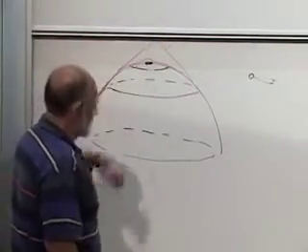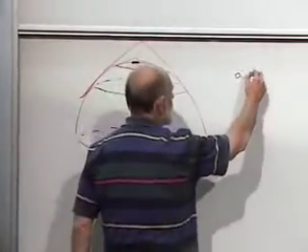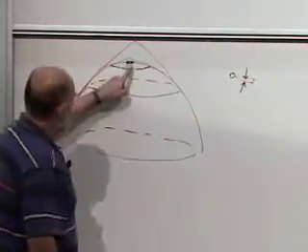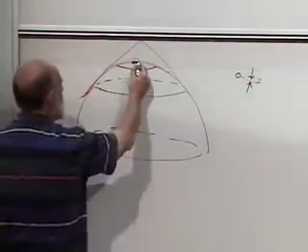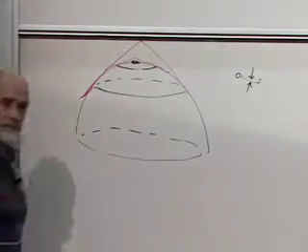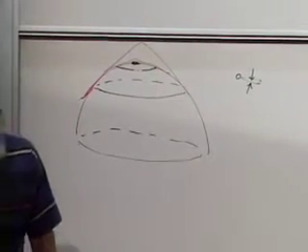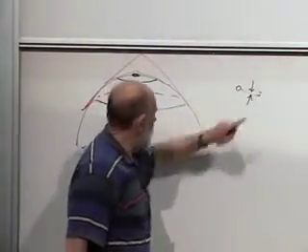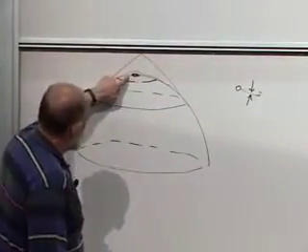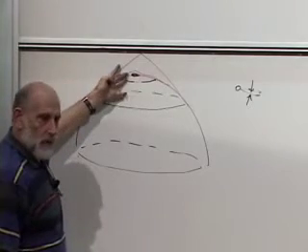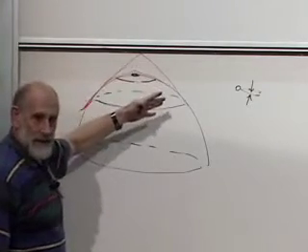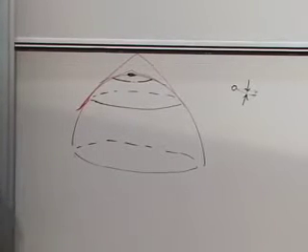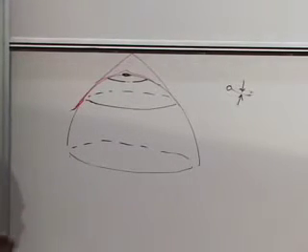How much of an angle, how much of a rotation do you think occurs for a given circle up here? Is the angle here proportional to the distance or what? Anybody know? The area. The area. Right. This is something that's worth working out.